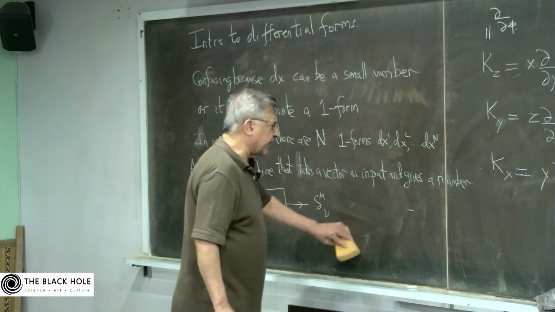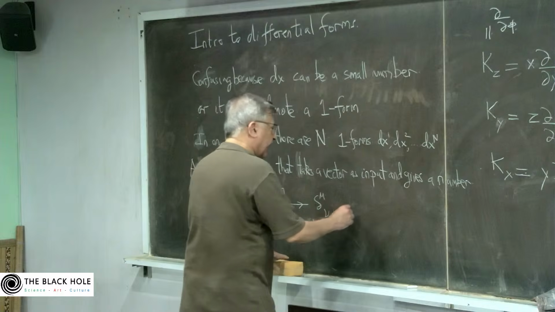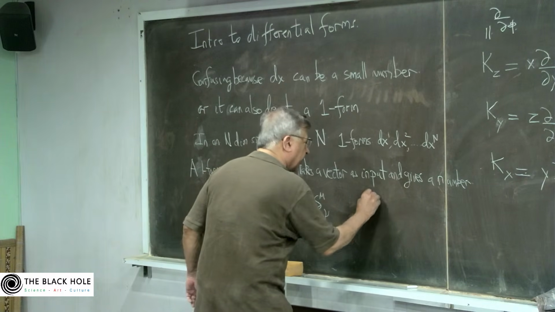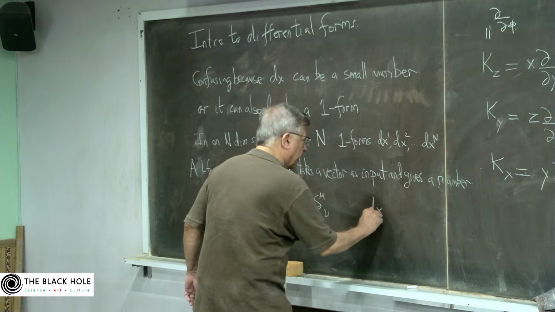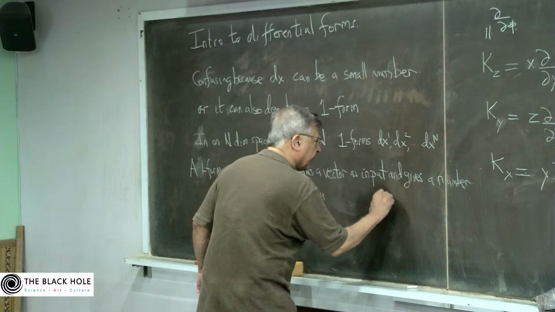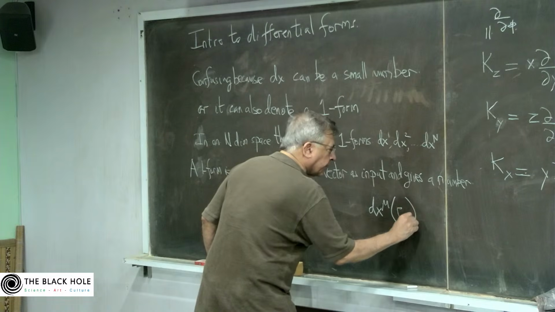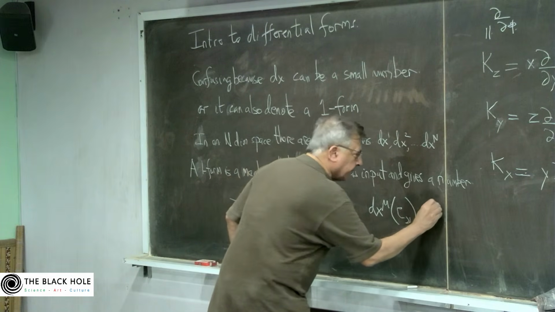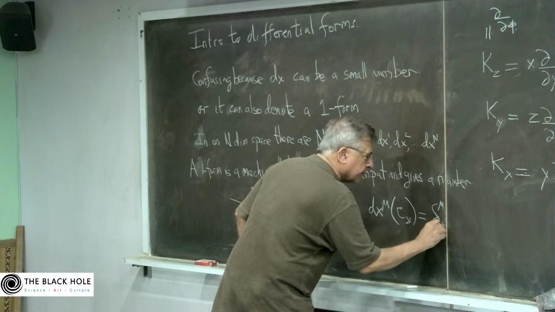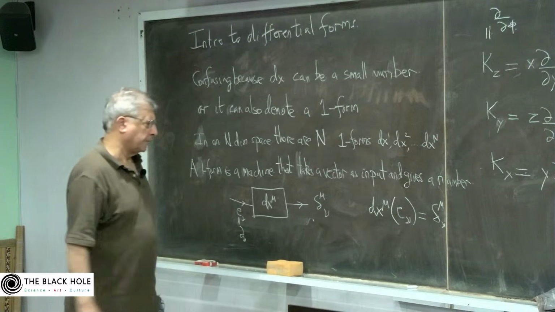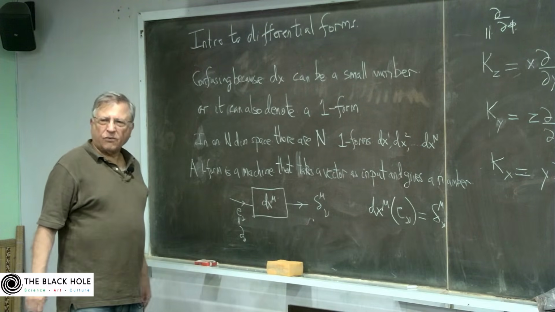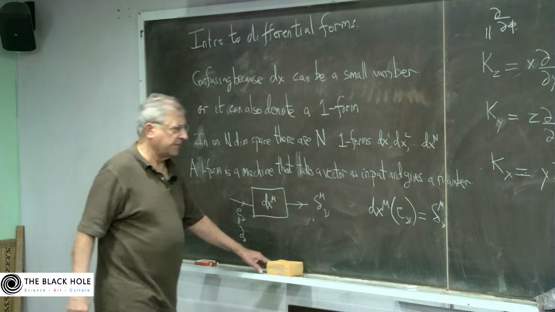The way to represent this correctly is you say that dx mu operates on e nu and gives delta mu nu. You know, it sort of makes sense.